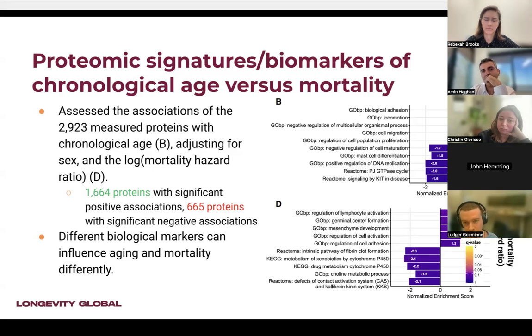In general, it's a very nice technology because it can be very high throughput. I have a mass spec background myself, and I really like mass spec, but I don't think currently it's possible to do this kind of high throughput, measuring so many proteins in so many samples.